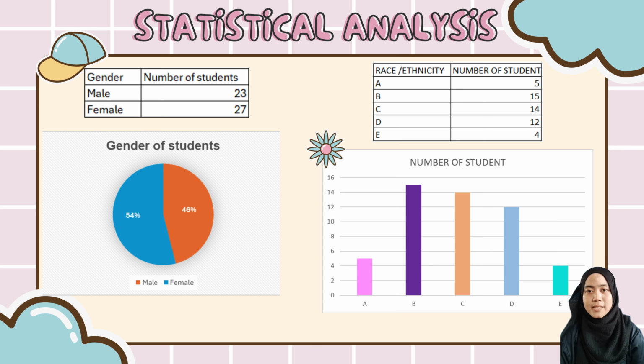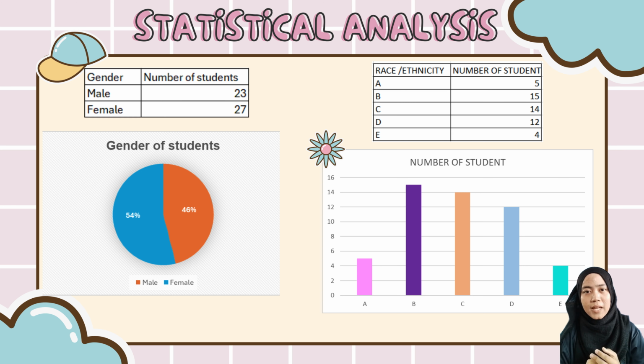So we move on to the next chart, which is the bar chart. This bar chart shows the number of students for each group. The students are divided into 5 groups, A, B, C, D, and E. According to the data, we can see that Group B has the highest number of students with 15 students, followed closely by Group C with 14 students and Group D with 12 students.